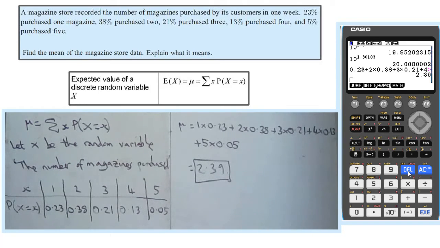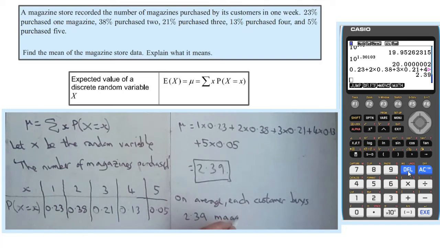So say over a whole year, if you counted the number of customers and multiplied that number by 2.39, you would hope that that would be close to the amount of magazines you actually sold. So it just means, on average, each customer buys 2.39 magazines.